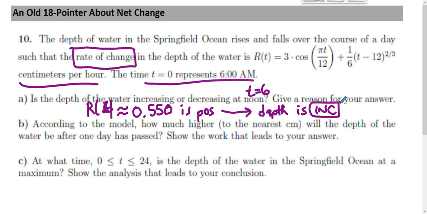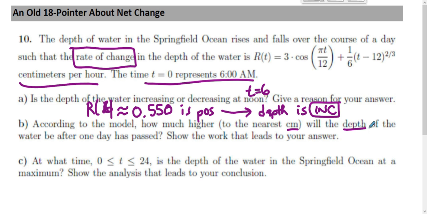So there was a part of the question where I asked my students to interpret this as a derivative. Then I asked my students to do the net change thing. According to the model, how much higher will the depth of the water be after a day has passed? So this is the rate of change of the depth of the water. We're interested in a change of depth in centimeters.